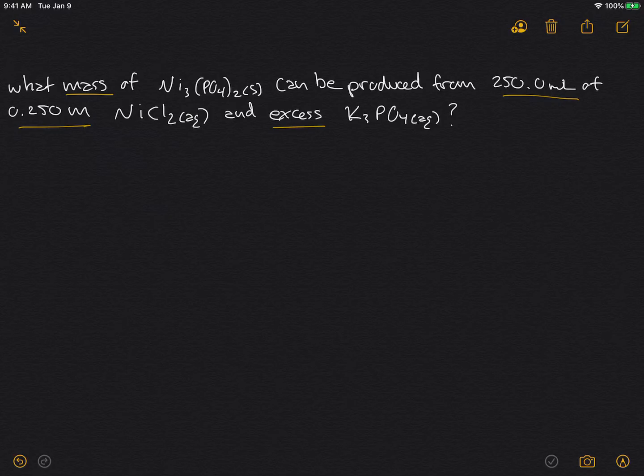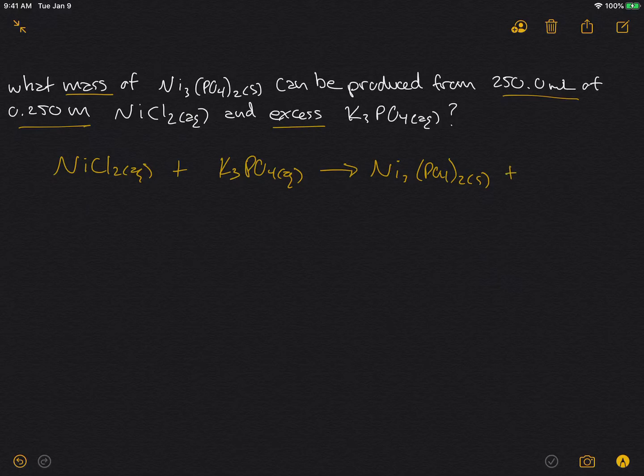Let's write the balanced equation first. We've got nickel(II) chloride, that's aqueous, plus potassium phosphate, also aqueous, and that is going to form our precipitate, nickel(II) phosphate. And we're going to end up with the salt potassium chloride.